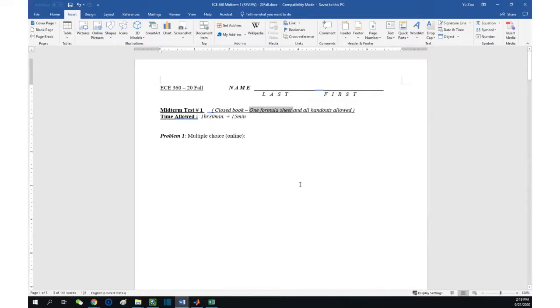In your hands you have about 3 sheets: one formula sheet and 2 Laplace transform sheets. So you have up to 3 pages.